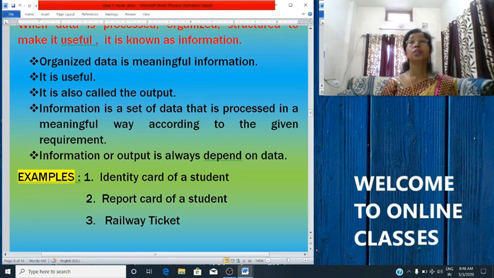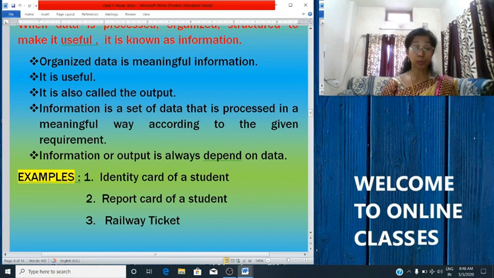So your class teacher collects all the information, that is all the data, like your name, roll number, name of the father, your address and your phone number, your photo, etc. And all these details are input into the computer.